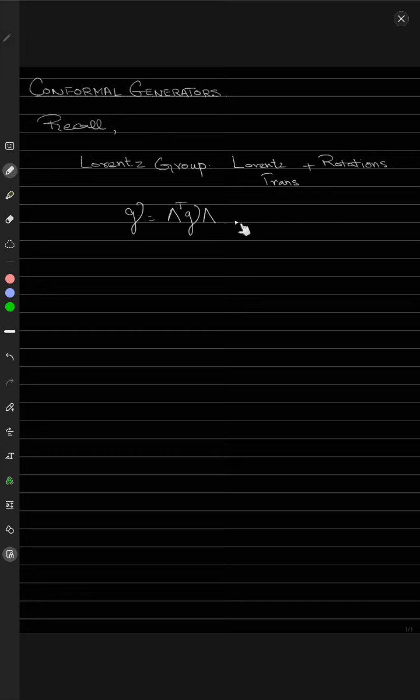So this has to be satisfied. Now, here these lambdas are the transformation matrices, right? Well, now this is Lorentz transformations and rotations.